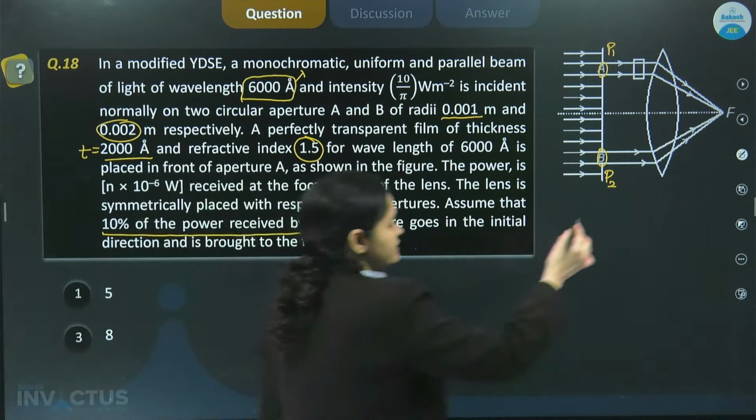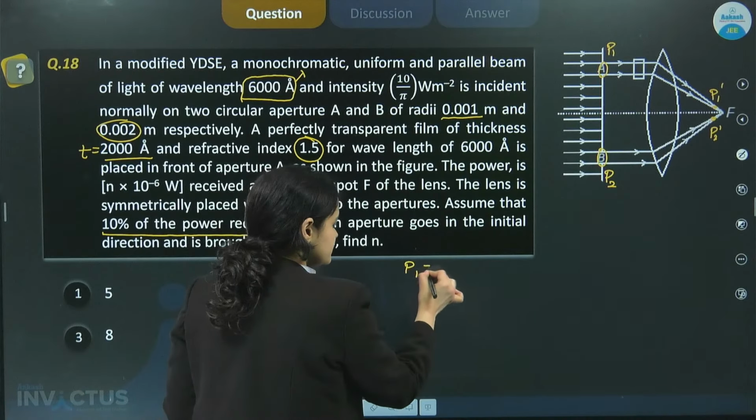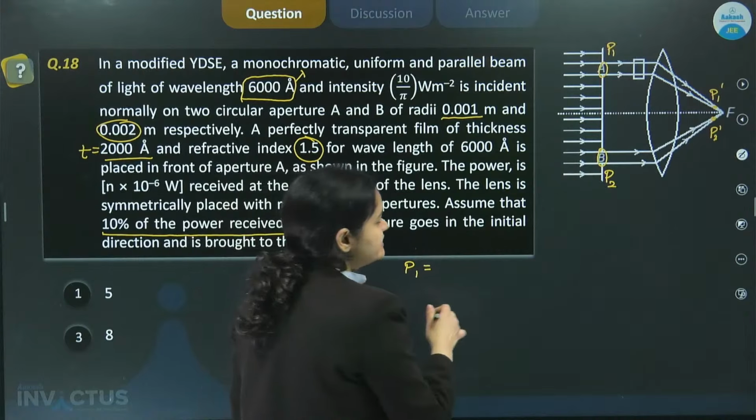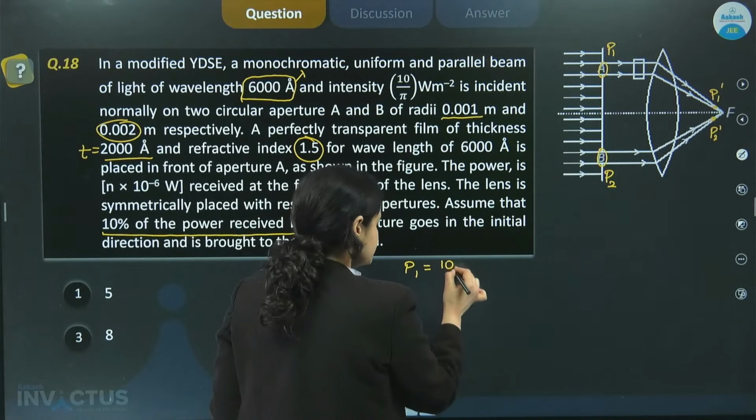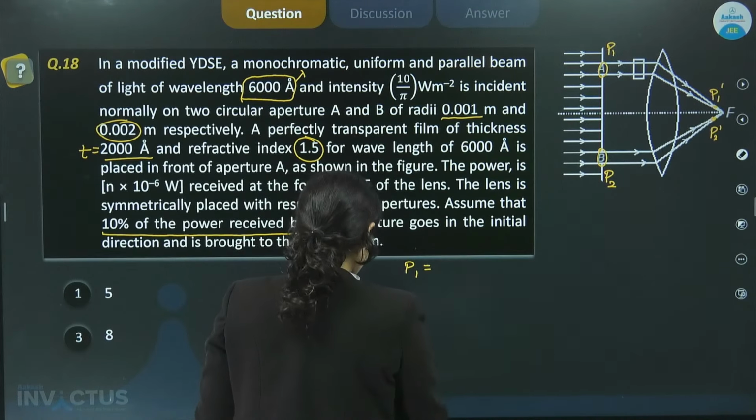All right, so see, let's calculate the power first. पहले P1 निकालते हैं. P1 will be intensity multiplied by area. So intensity is, I am applying the formula, power is equal to intensity into area.